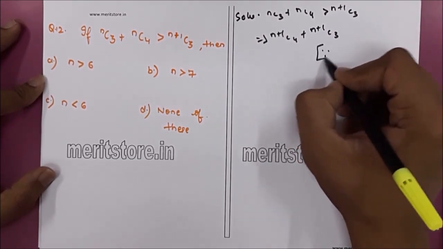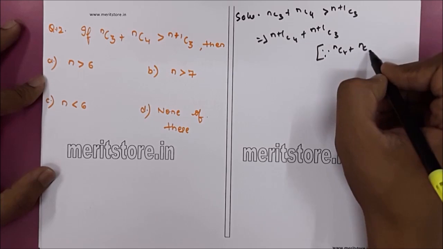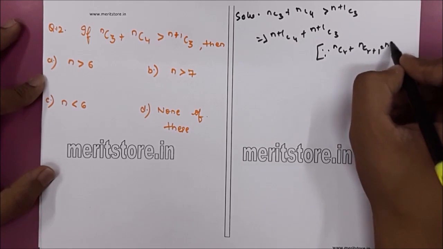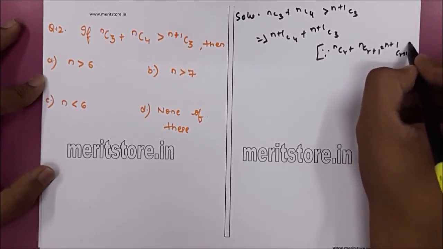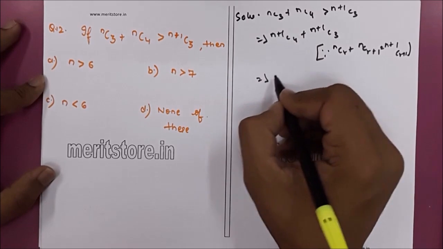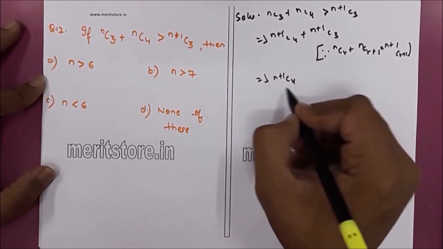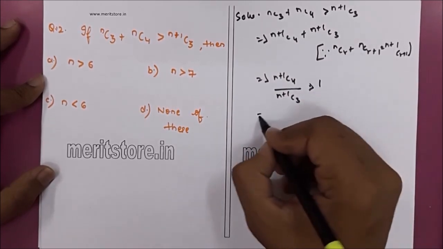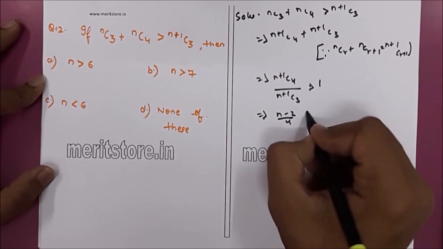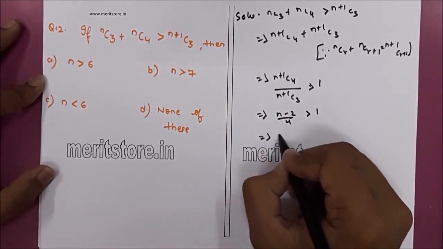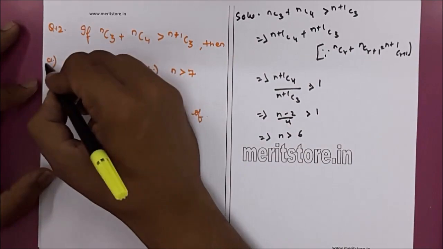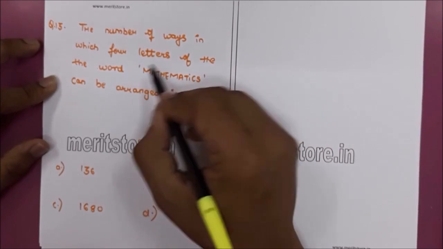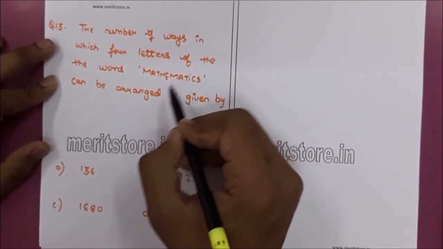Since nCr plus nCr plus 1 is equal to n plus 1 C r plus 1, that is, n plus 1 C4 upon n plus 1 C3 is greater than 1, which is equal to n minus 2 upon 4 is greater than 1, which is equal to n is greater than 6. Option A is correct.